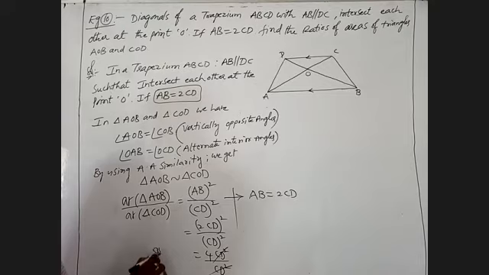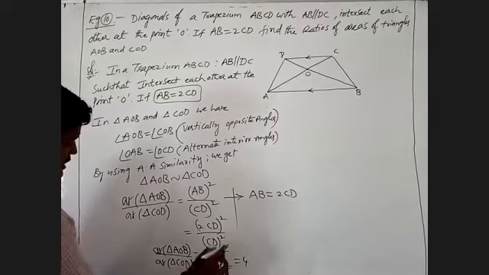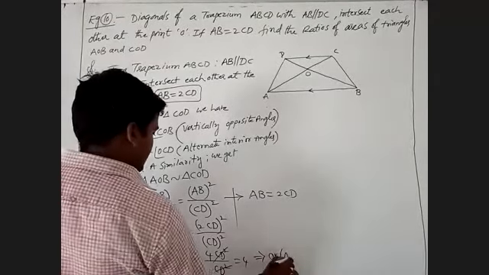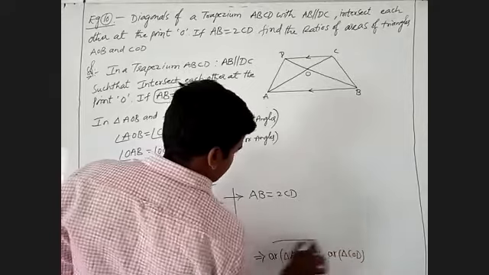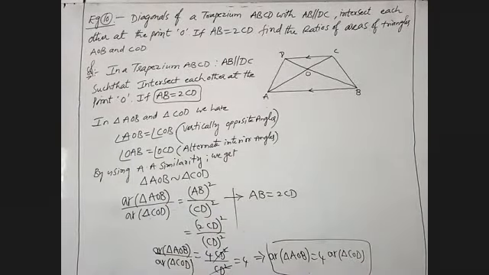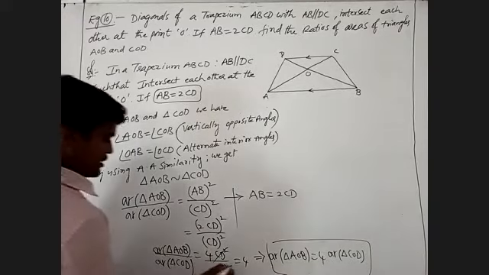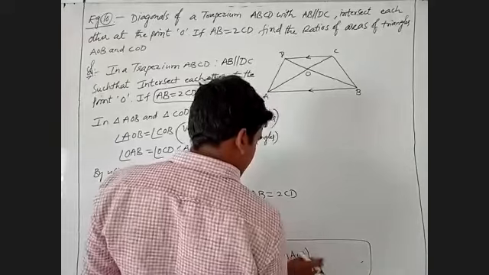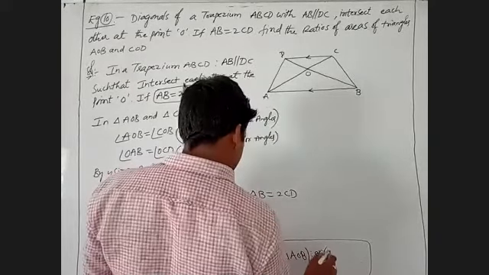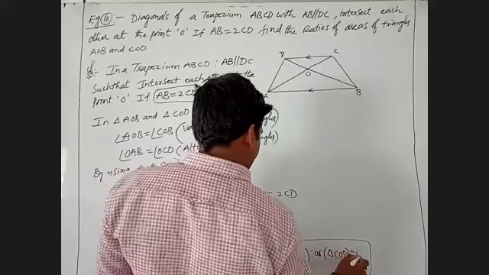The remaining is area of triangle AOB by area of triangle COD equal to 4. So area of triangle AOB is 4 times area of triangle COD. The ratio is 4:1.